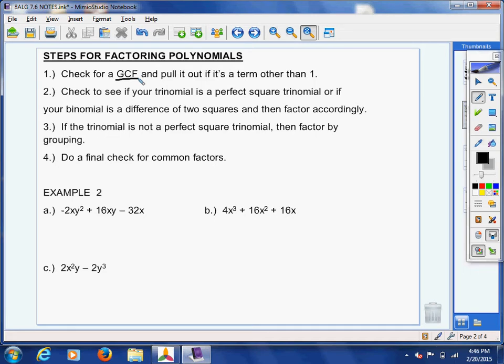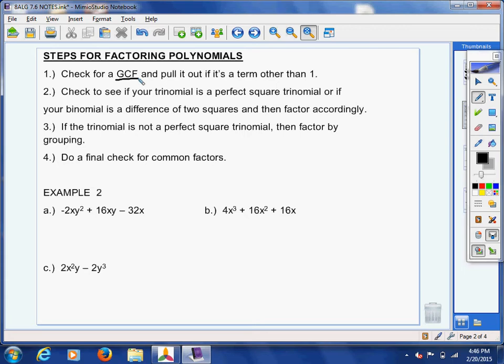Okay, let me show you letter A and I'll kind of talk you through it. Make sure it makes sense to you. All right, letter A. First thing we're going to do is look for a GCF in all 3 terms. What number, what variable or variables are common to all 3 terms?